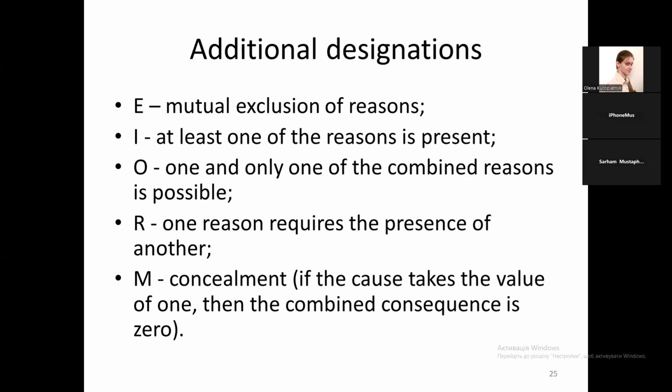For these cases, we use E. If at least one of the reasons is present, we use I. O is for when one and only one of the combined reasons is possible. R is for when one reason requires the presence of another. And M is for concealment: if the cause takes the value of 1, then the combined consequent is 0.